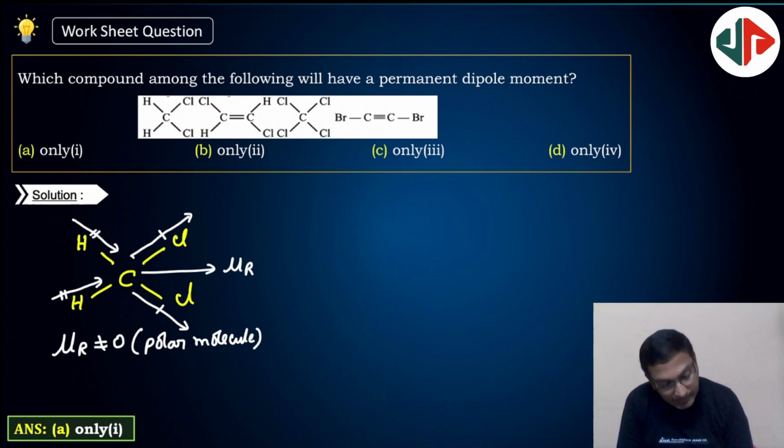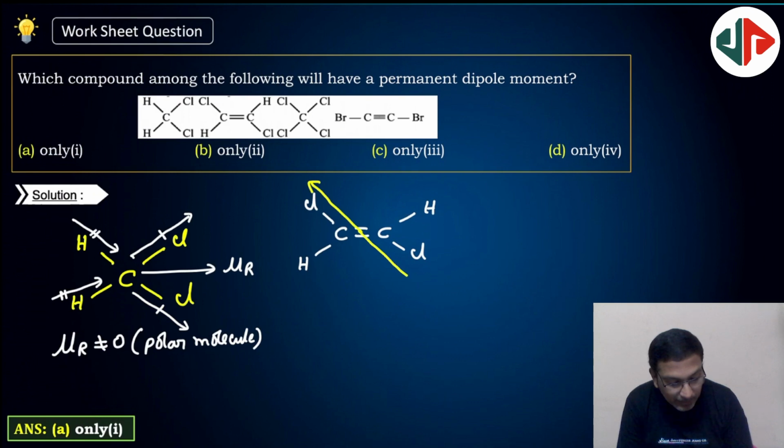Next, for C double bond C, here Cl and Cl, H and H, dipole moment will be like this. This is the center of the molecule. And here in this direction, in this direction. So equal and opposite vectors acting on the same point. Dipole moment resultant will be equal to 0. Therefore, non-polar molecule.